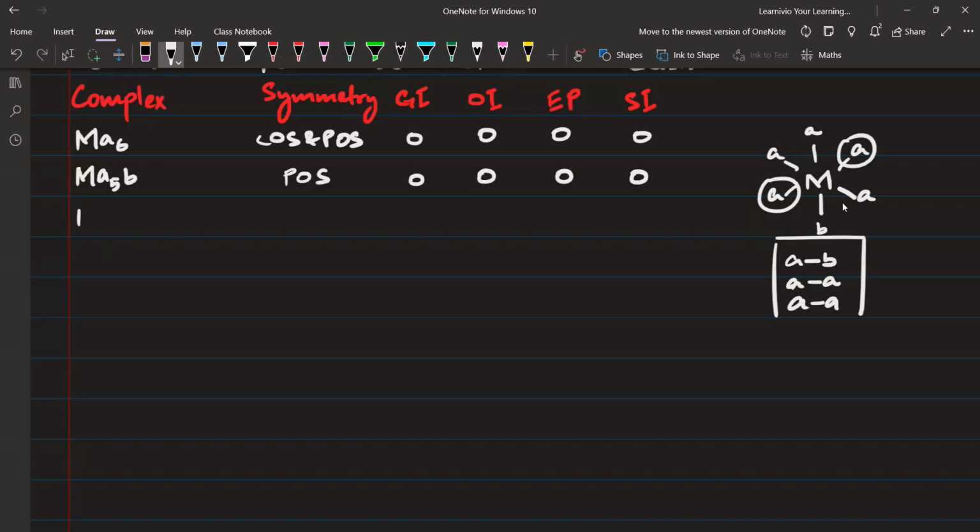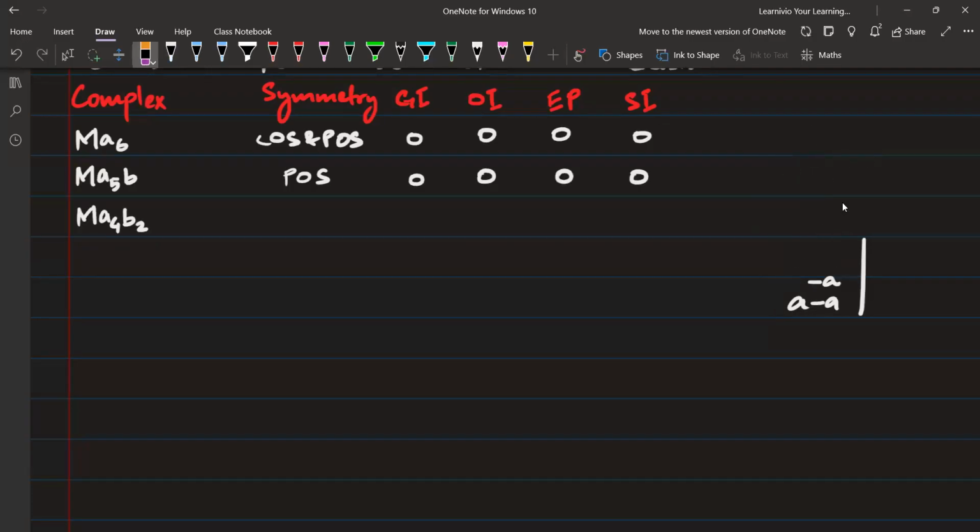Now, if I have M A4B2, ठीक है. Let us see the cases in M A4B2. M A4B2 में आपके पास one we can do is A opposite to A, A opposite to A, B opposite to B. This is one case. Can we have any other case? हो सकता है ना, A opposite to B कर सकते हैं हम लोग.